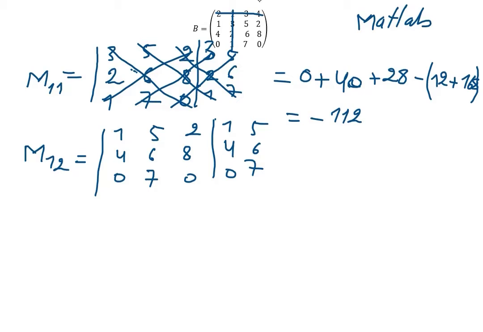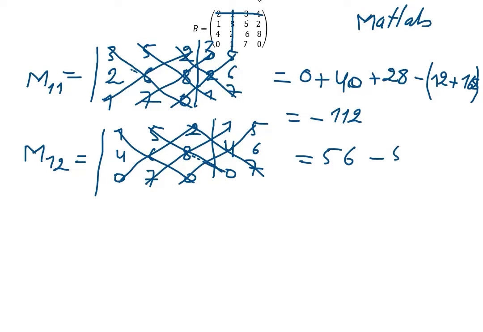So multiply this element here and these ones here, it will be 0, and here also 5 times 8 times 0 is 0, and 2 times 4 times 7 is 56, minus these ones here: 2 times 6 times 0 is 0, and 1 times 8 times 7, and 5 times 4 times 0 is 0, so it will be 8 times 7, which is 56. Which is equal to 0.